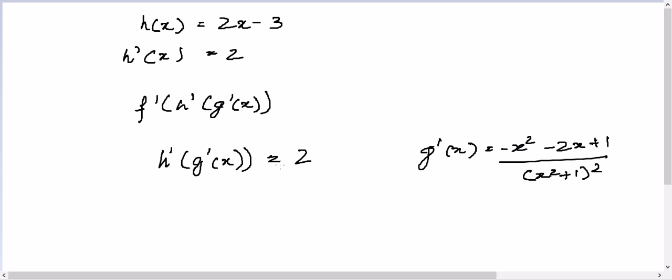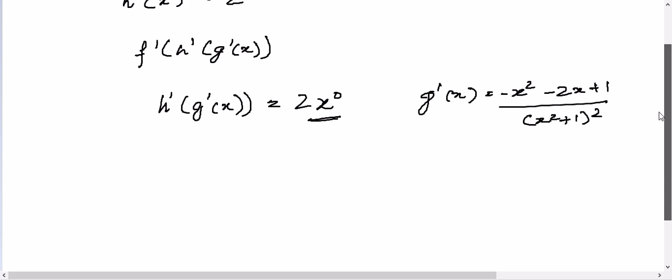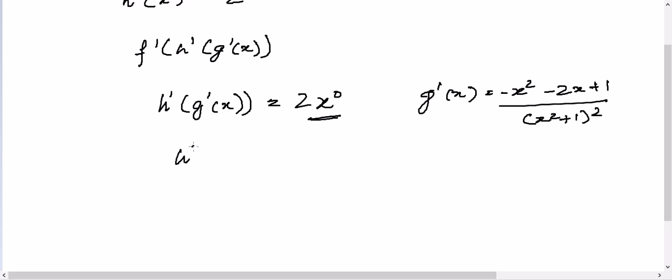But the value 2 we can write as x to the power 0, so even if we put this whole value of x in here, h dash will finally give us 2. Thus we have h dash of g dash x as 2.